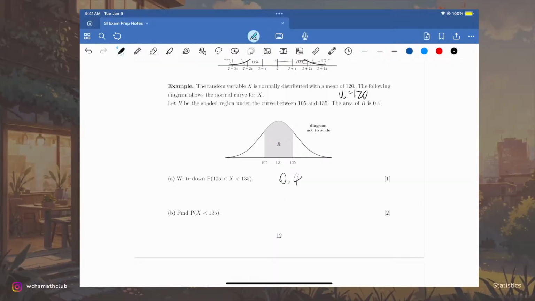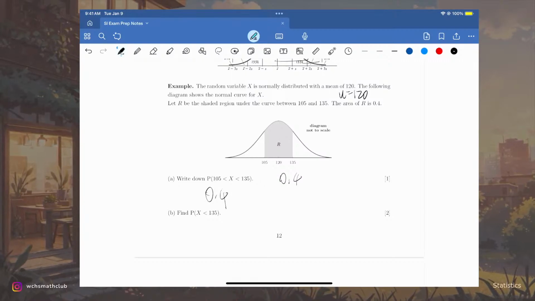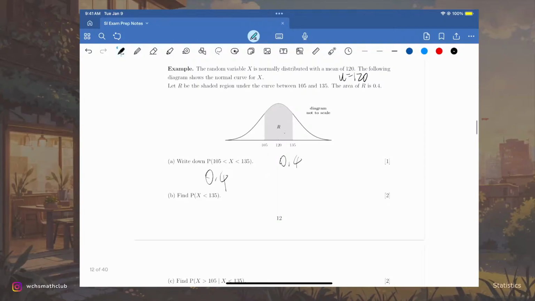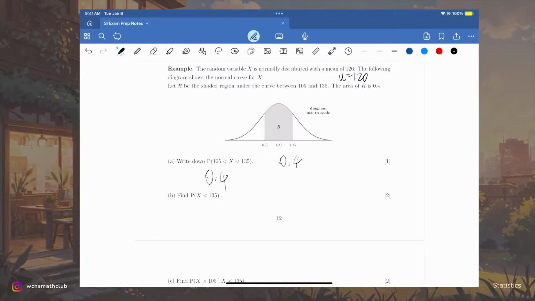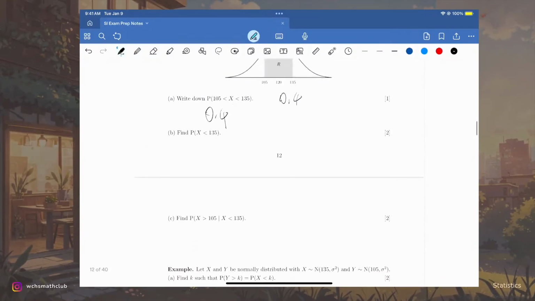So we have that R is equal to 0.4, and it becomes really easy. So now that we have our one area, and we also have 2 values, and we have the mean, we can then find the standard deviation, and then later find the probability that is below 135.